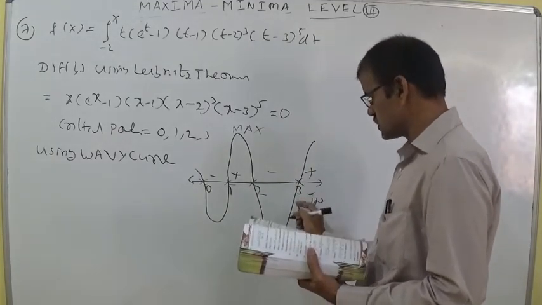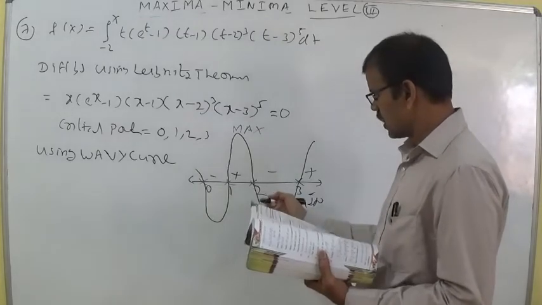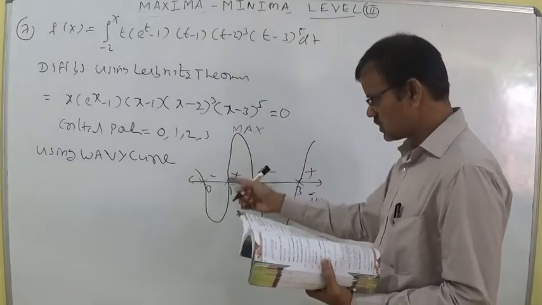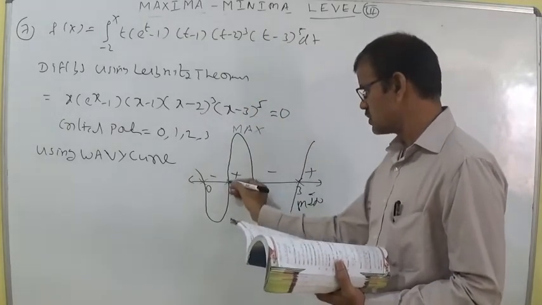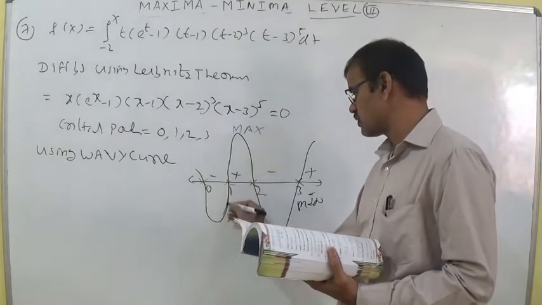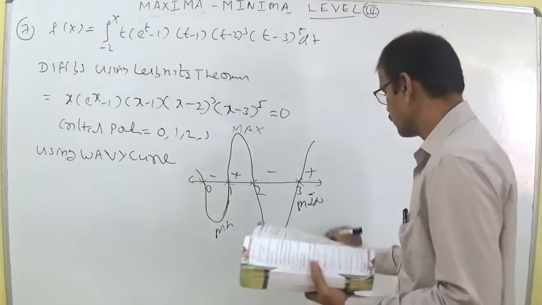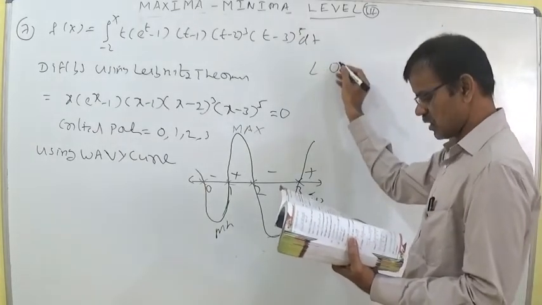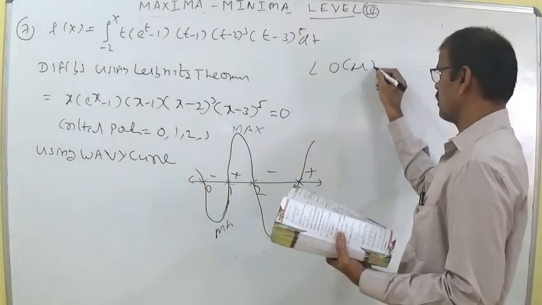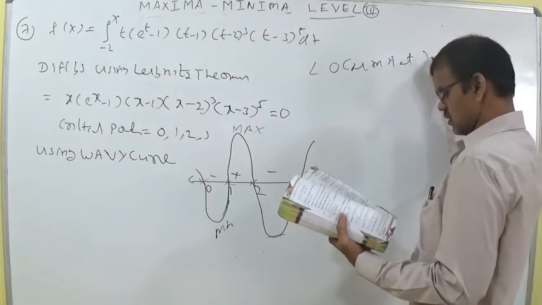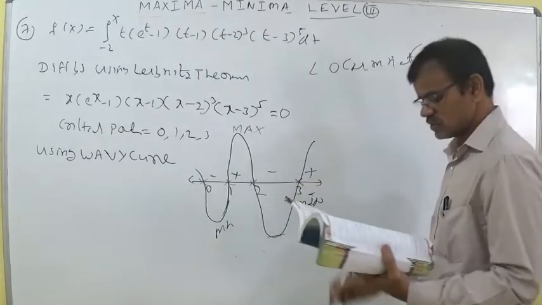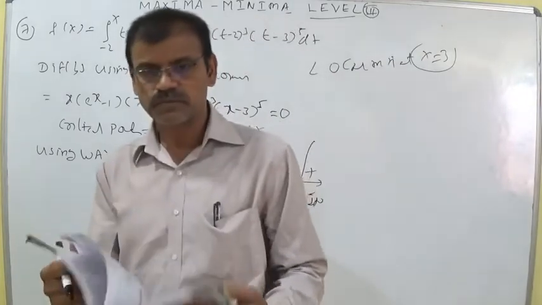At 3 the graph goes down and turns, so that is the point. 2 you should not write. For 1, where the curve is going down it is min, but according to the options, he did not give 1. Therefore, the local minimum he asked for is at x equal to 3, which you can write using the wavy curve and Leibniz theorem.